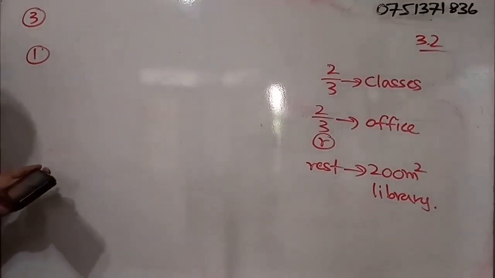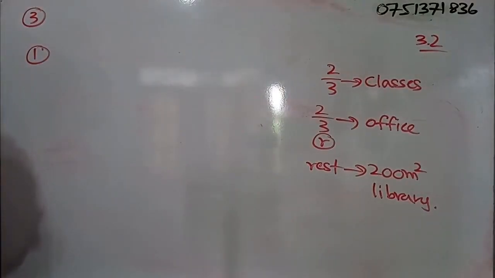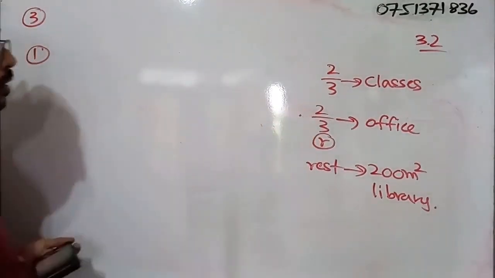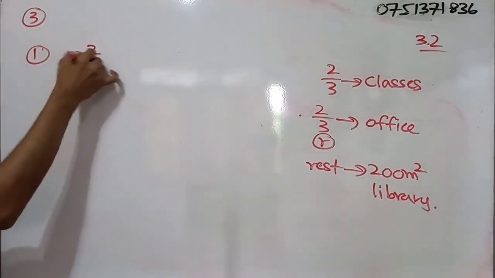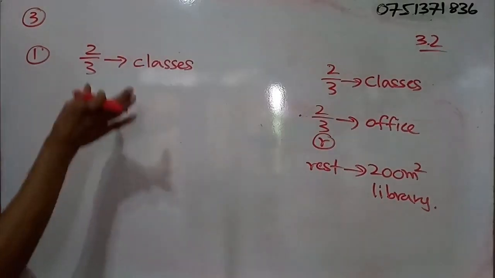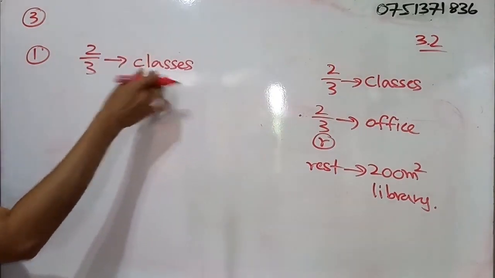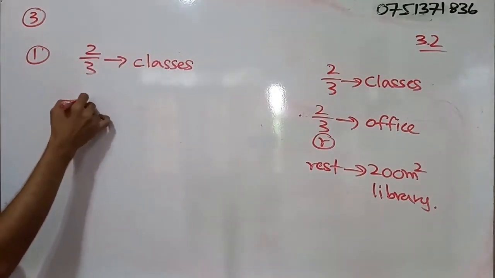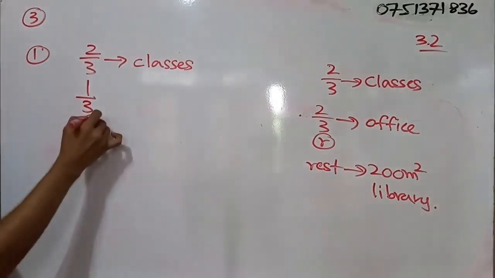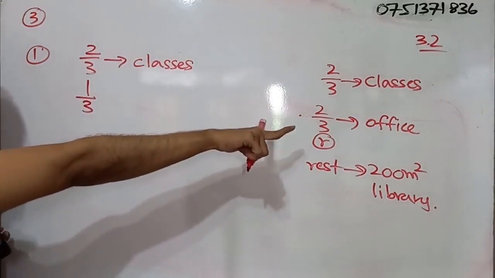Part 1. What fraction of the whole area has been allocated for the office? So 2/3 have been allocated to classes, no? From the remaining amount, 1/3, another 2/3 need to be allocated for the office.